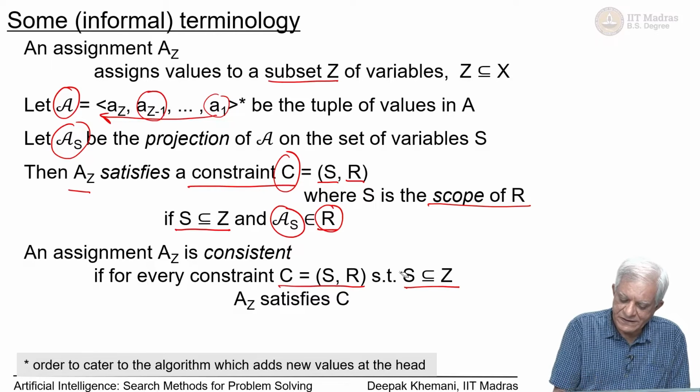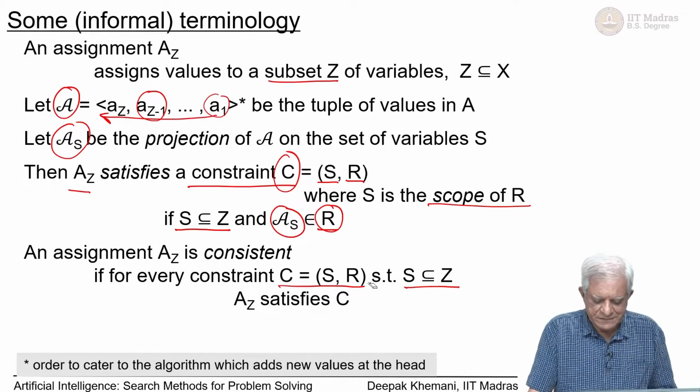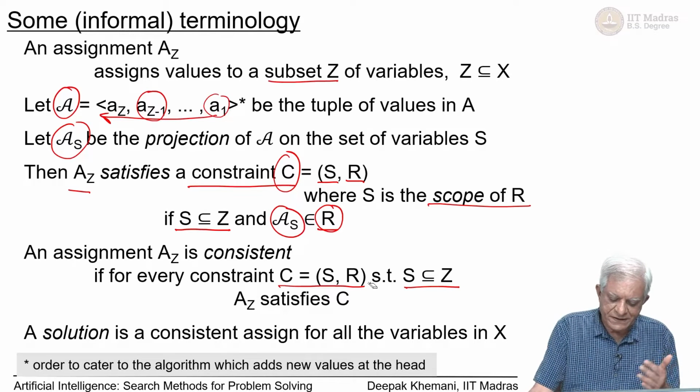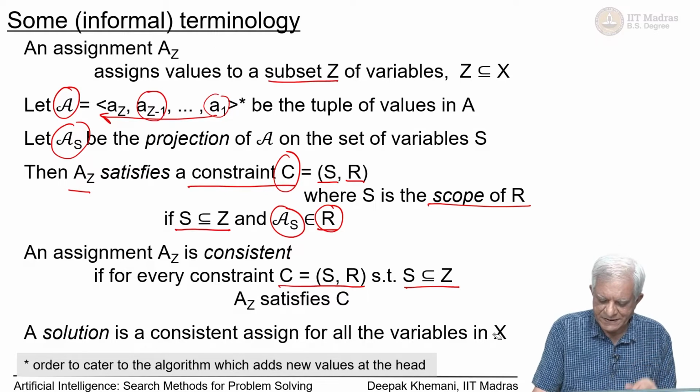For every such constraint, AZ satisfies that constraint, then we say that AZ is consistent, which means it satisfies every constraint that it covers essentially. A solution of a CSP is a consistent assignment for all the variables of X essentially, which means it must satisfy all the constraints which are there in the CSP.